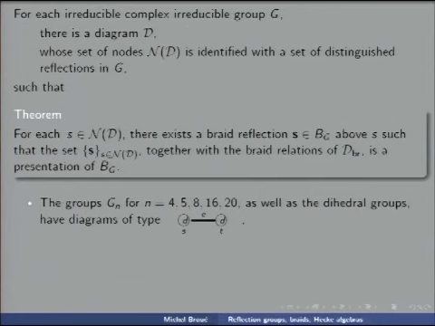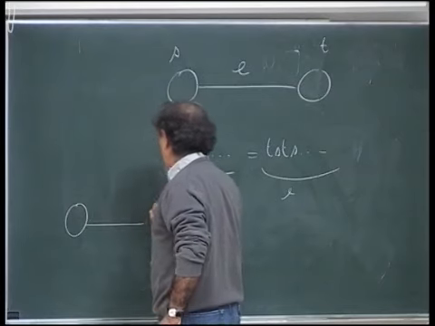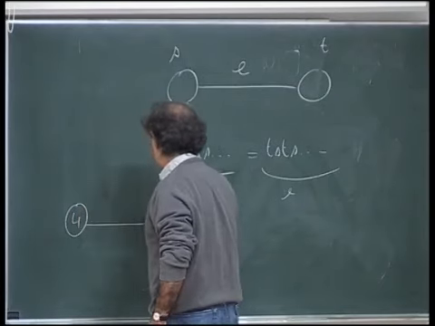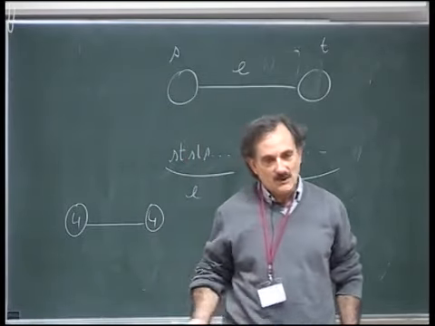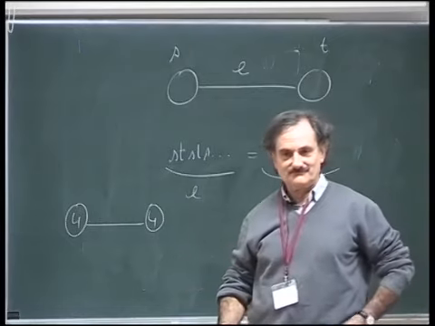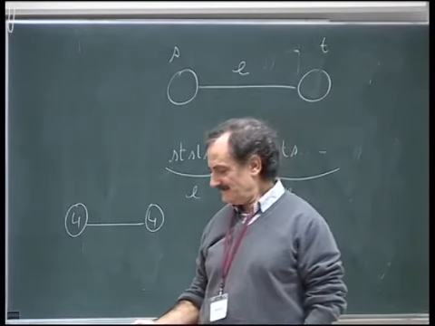For example, the group Gn, for n being 4, etc., as the dihedral groups, they all have diagrams of type like this. Our famous group G5, for example, the group I defined the first day, G5 is like this. I omit 3. Okay?